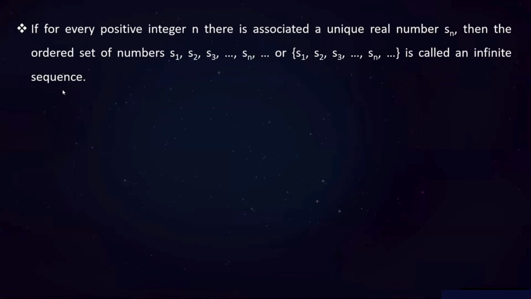Understand, this is an infinite sequence because it has an infinite number of values, right? Corresponding to each number in this set, if we can map it with some positive integer, some natural number, then we can call this set of numbers a sequence, right?